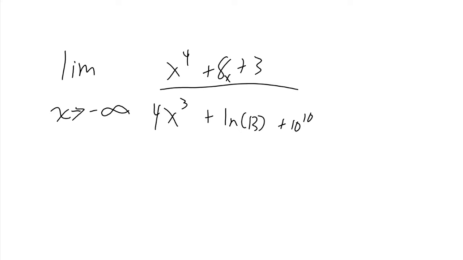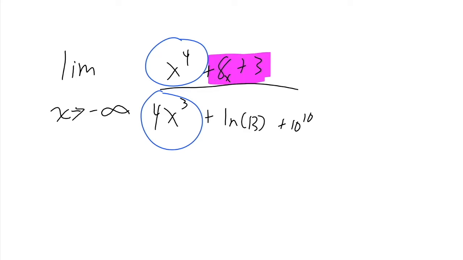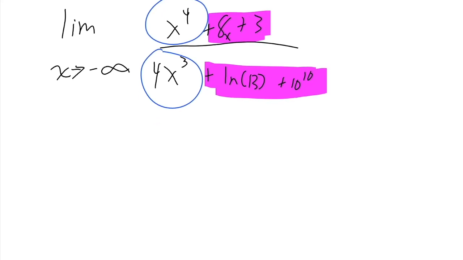The end behavior model says, let's take the highest power on the top and divide it by the highest power on the bottom, and we can disregard these smaller numbers because as we get increasingly more and more negative, these numbers right here will overpower whatever these have to add. So we get the limit as x approaches negative infinity of x to the fourth over 4x cubed.